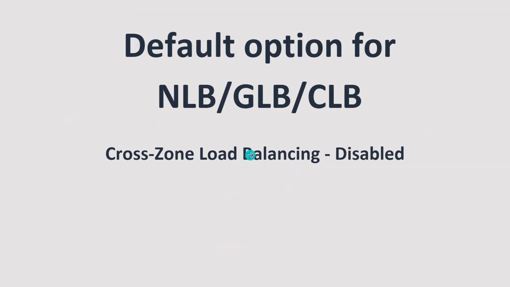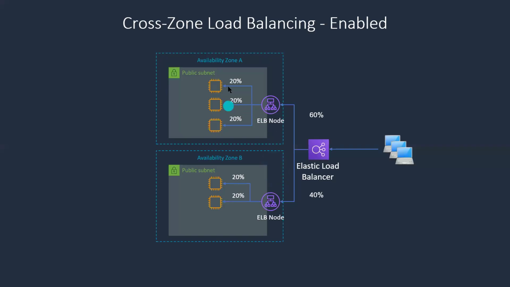Now let's take a simple example to understand how Elastic Load Balancer routes traffic across availability zones when the feature is enabled. Let's say you have 5 targets registered with your Elastic Load Balancer, spread across 2 availability zones. Availability zone A has 3 targets and availability zone B has 2 targets.